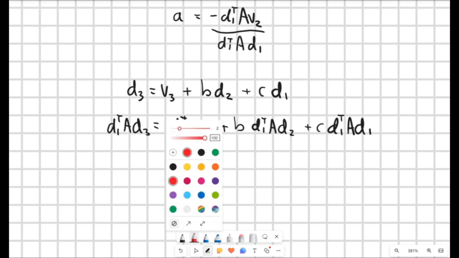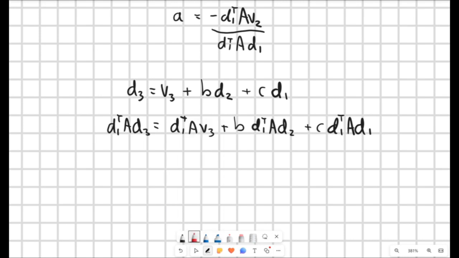Again, we're going to enforce our A orthogonality, so that means that term is going to be equal to 0. We've already said, by definition, that D1 and D2 are A orthogonal as well, so this term disappears and goes to 0.